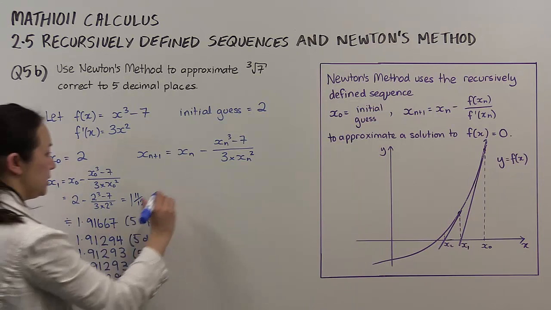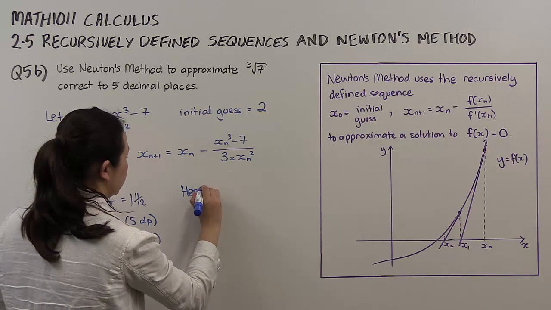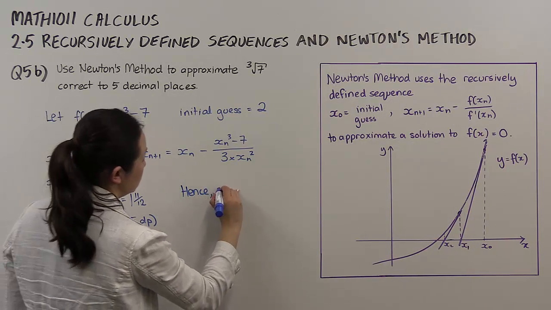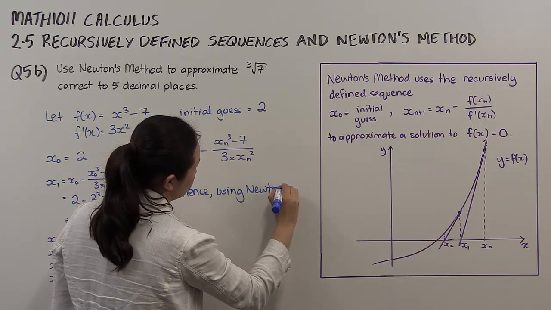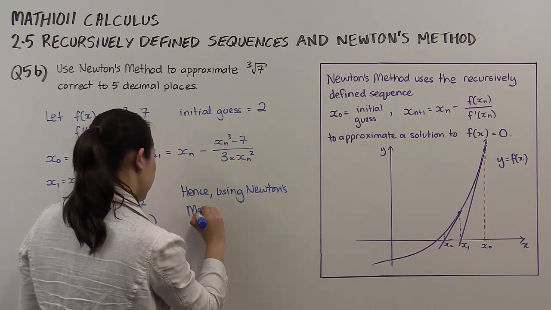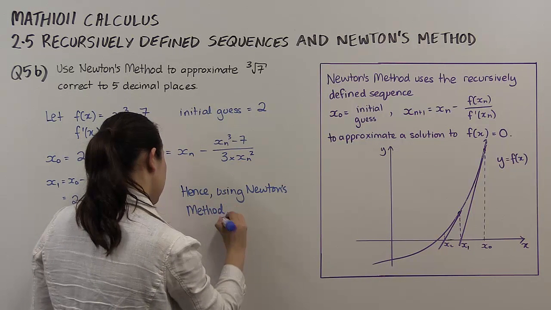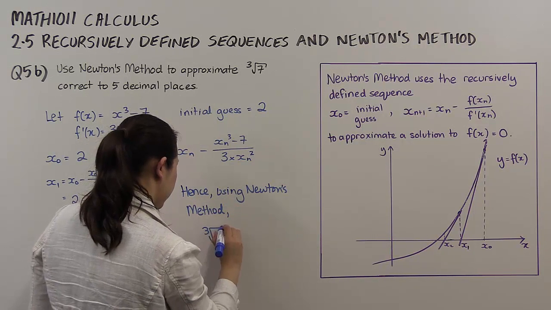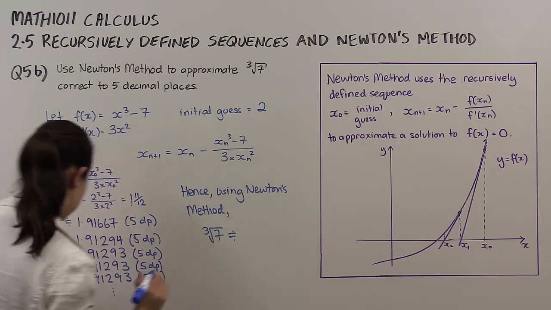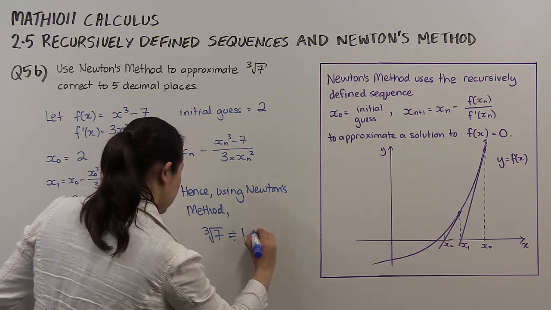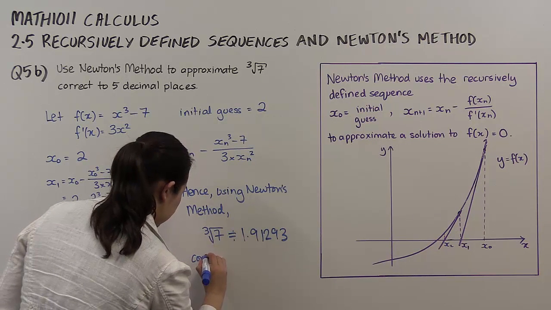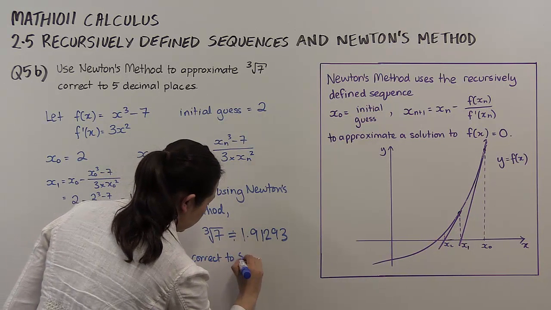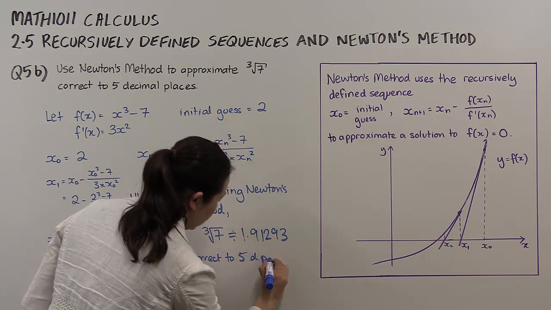Okay, so hence, using Newton's method, the cube root of 7 is approximately 1.91293 correct to 5 decimal places there.